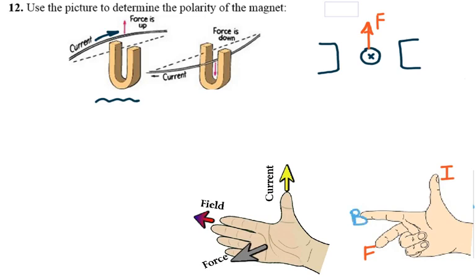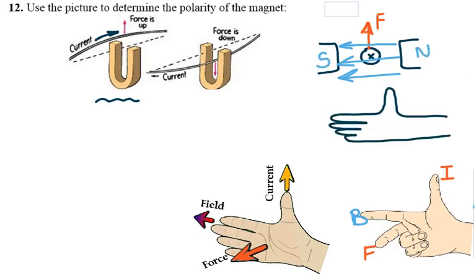Or if you use the straight hand rule, again, your current is yellow, you align the current into the page, then your force is going to be acting, in this case, let me do it in red, up. So the palm has to be facing up, and the magnetic field lines are going to be pointed the way they go. I see that the magnetic field lines are going in this direction for the force to go up. So that means this is north and this is south.